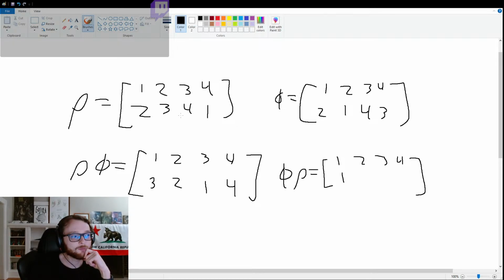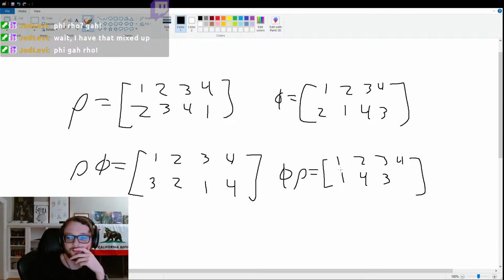So wait, I need to put it into the notation though, right? This wasn't actually the question. I'm just finding that they're not abelian, but we already knew that, right? Is that the same thing? Phi rho, God. 2 to 3, 3 to 4. 3 to 4, 4 to 3. 4 to 1, 1 to 2.